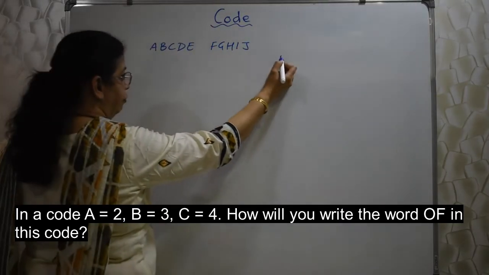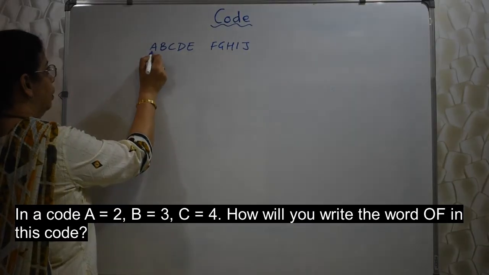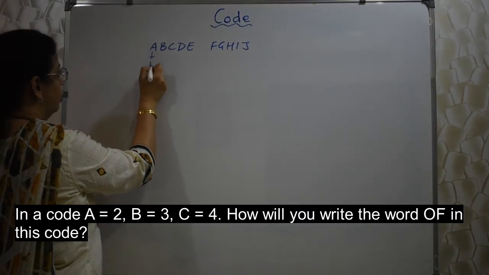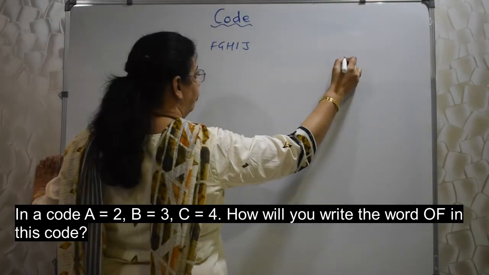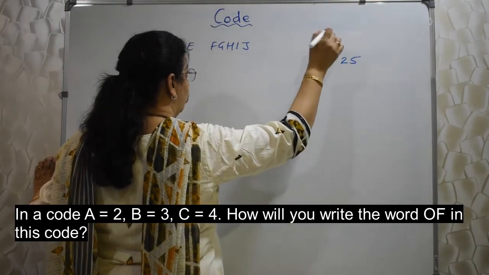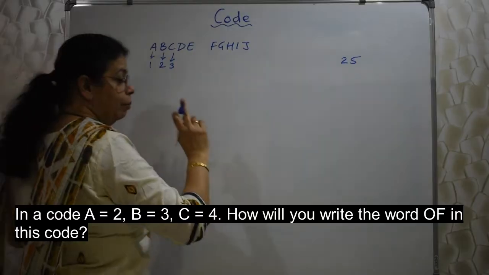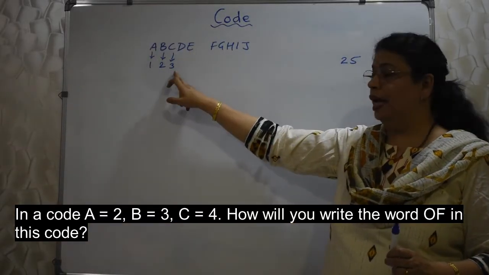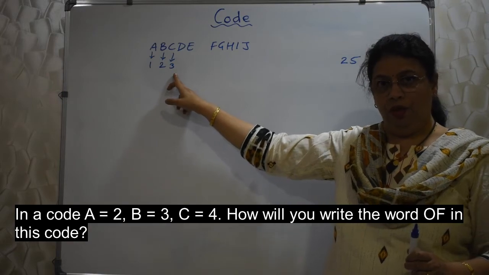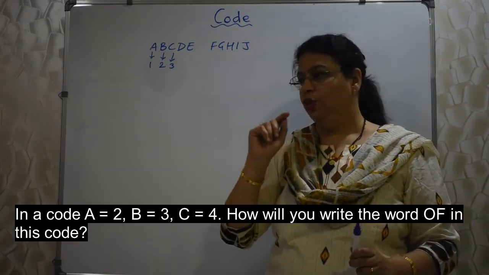Group of 5, 5. So remember, its serial number is 1, this one's is 2, this one's is 3. Like that we have 25 up to Y. Okay. So in many questions you have to make use of these letters and their serial numbers. Okay. Why I am telling you this, you will know now.